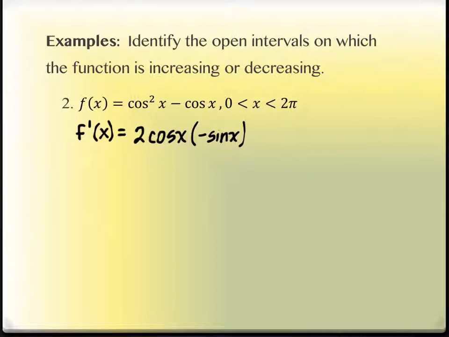Now I need the derivative of the negative cosine. What would that be? It would actually be positive sine because the sign will switch. So either write down negative sine or positive sine of x. And just for the sake of cleaning up a little bit, this is -2 cosine of x sine of x plus sine of x.